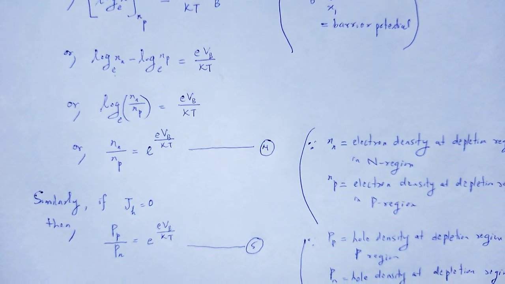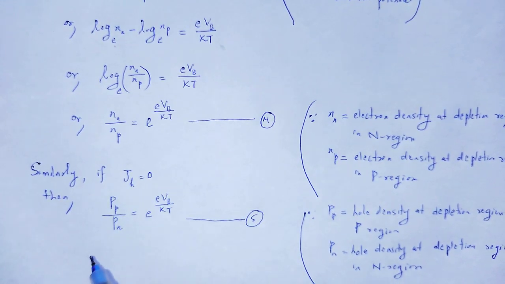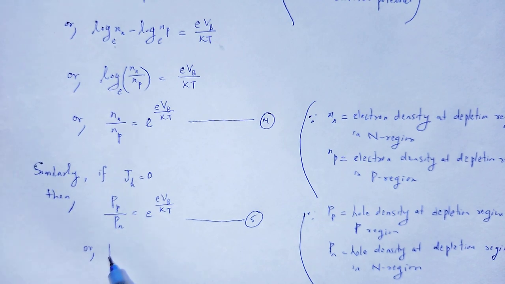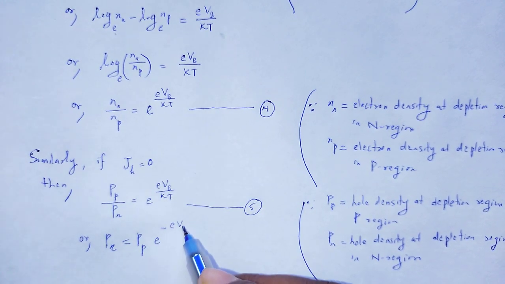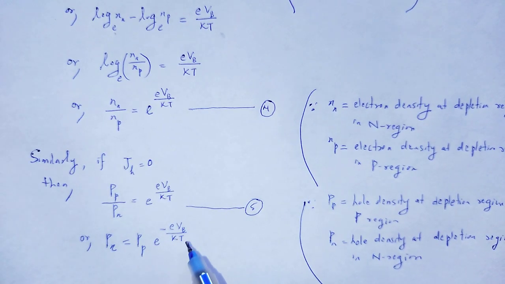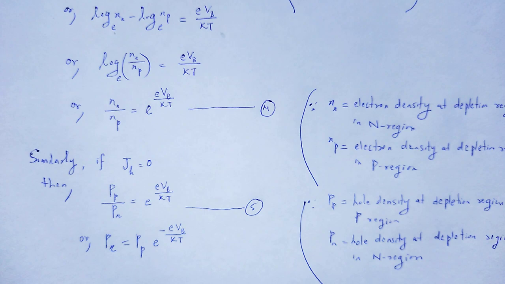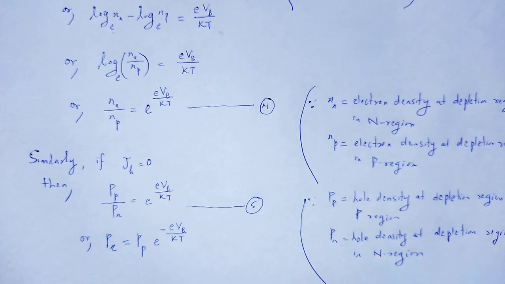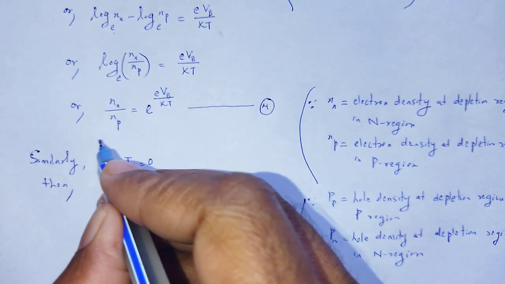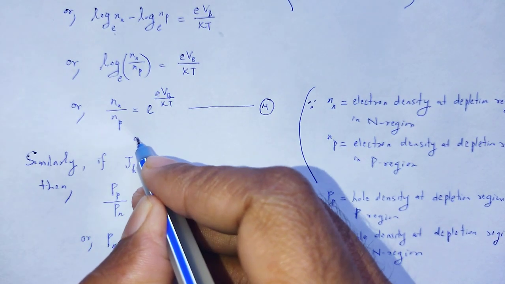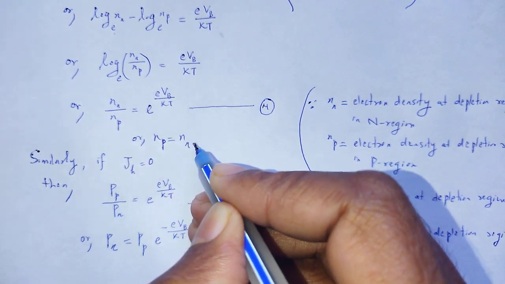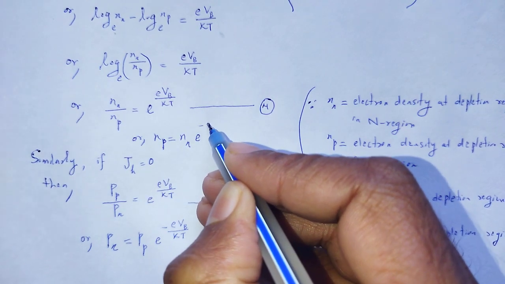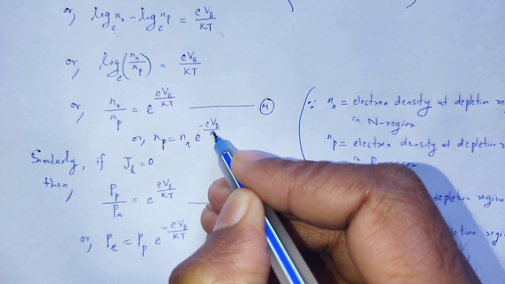In these two equations, pn can be calculated as pp e to the power minus eVb divided by kT. Similarly, np is calculated as nn e to the power minus eVb divided by kT.